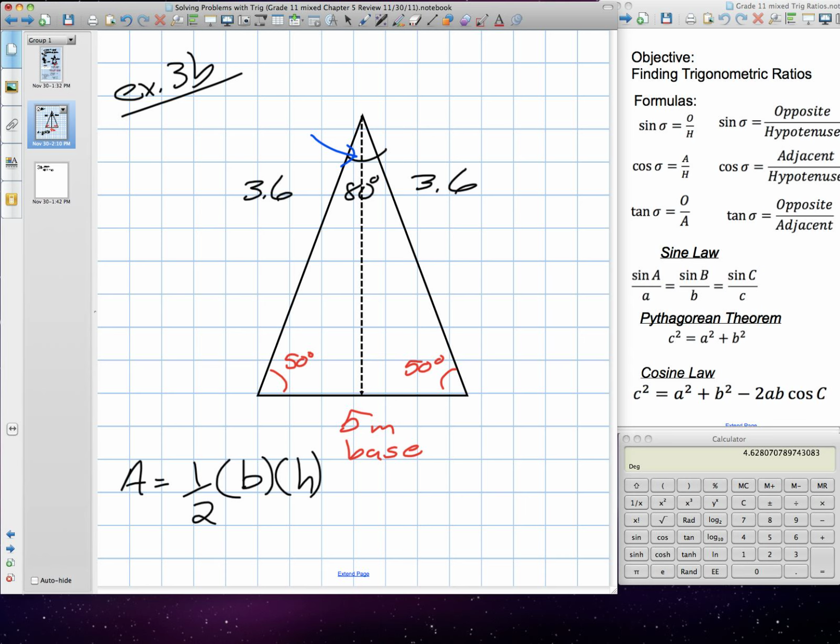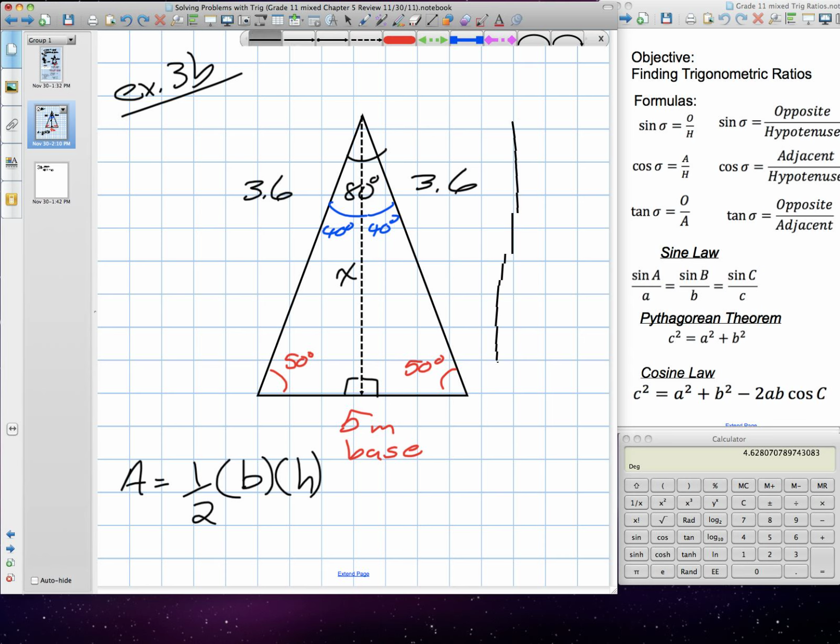If you noticed, when I drew our height down, I actually split this triangle in half, and I've created 2 right-angled triangles here. Okay? Now, because I split the top angle in half, each of these angles will be 40. And what we'll be solving for is we could just take one of the right-angled triangles. We'll be solving for this height. So I'm going to redraw this here. Give me a second.